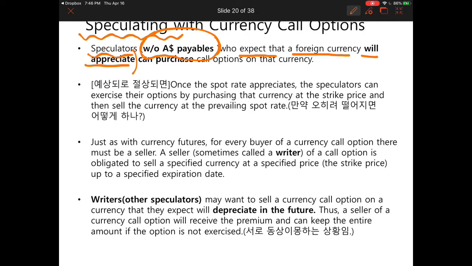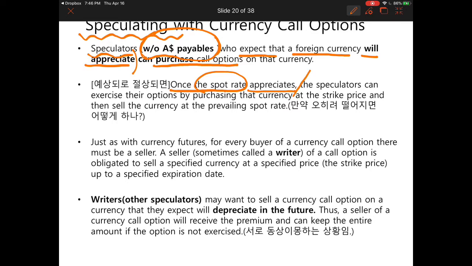So I decide to purchase a call option because I have my outlook, and I can exploit that outlook by speculating on the call option, right? And as I expected, once the spot rate of the Austrian dollar appreciates, then I can exercise the call option.